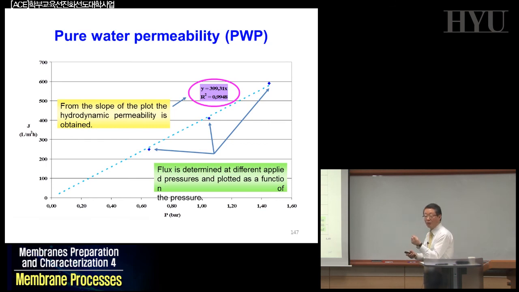Divide by the membrane area and by the time of your measurement, plot it, and the slope will be LP divided by eta. If eta is equal to 1, then it's the same as LP. LP is the pure water permeability, the hydrodynamic solvent permeability. If you change your solvent from water, your LP might be different depending on your system. If you're dealing with organics, of course you can measure the LP of your solvent. This way, you can measure the pure water permeability or pure solvent permeability.